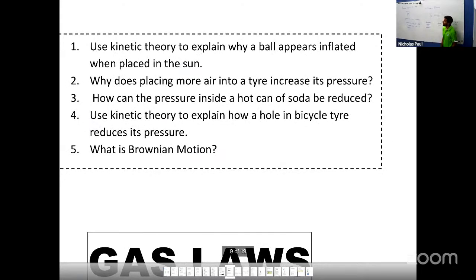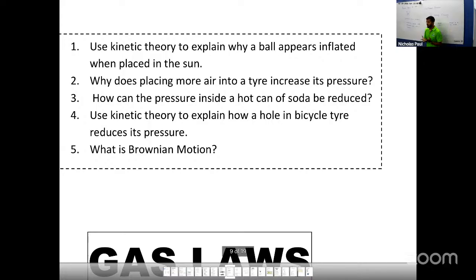Try this one, please. Why do you think that will happen? A ball, any kind of ball, a football.